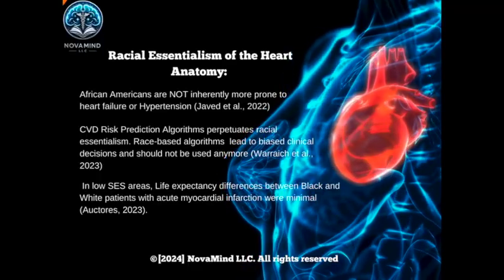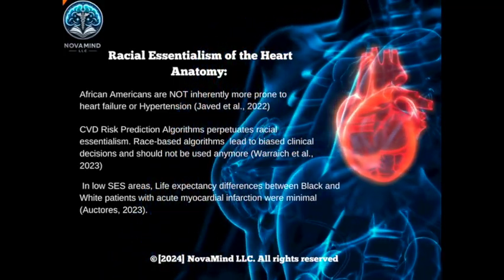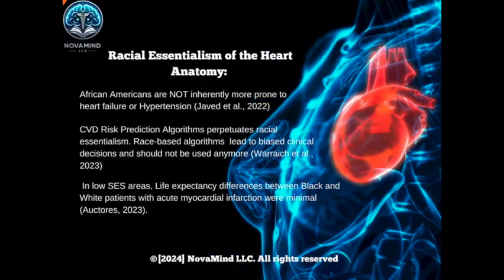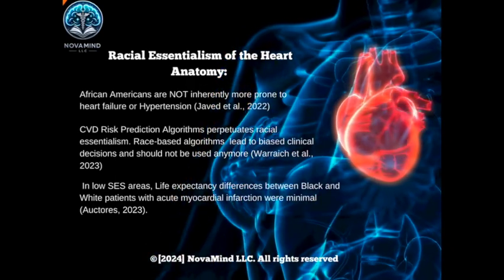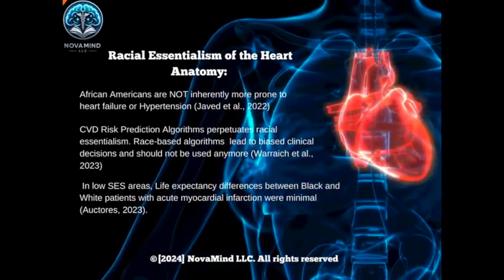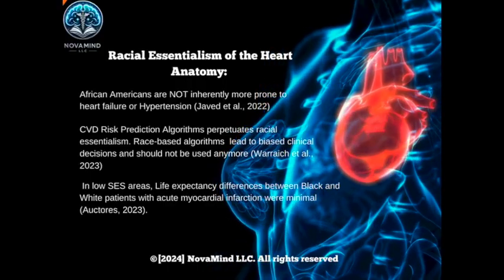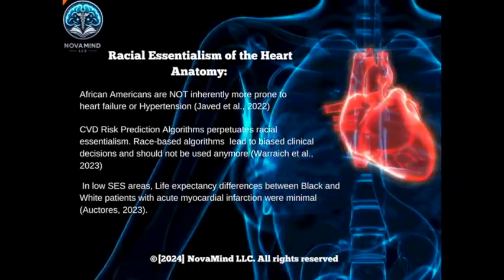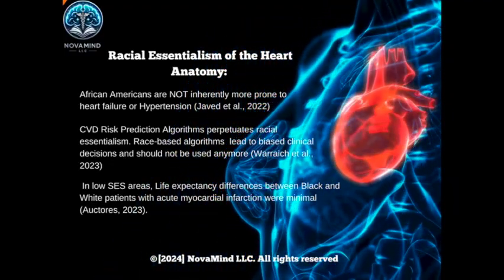For example, studies found that in low socioeconomic status areas, life expectancy differences between Black and white patients with acute myocardial infarctions were minimal, underscoring the importance of socioeconomic factors. These insights remind us that addressing health disparities requires moving beyond racial essentialism and focusing on the real problem, determinants of health, such as socioeconomic conditions and access to care.